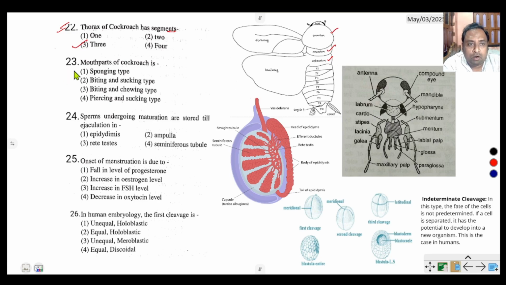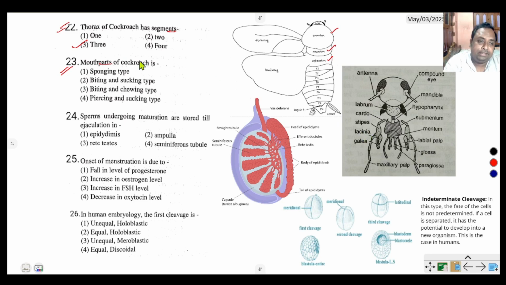23 number, mouth parts of cockroach: sponging type, biting and sucking type, biting and chewing type, piercing type. The mouth of cockroach has several parts, like labium, labrum, paraglossa, maxillary palp, upper lip, lower lip, tongue, all present in the mouth part.